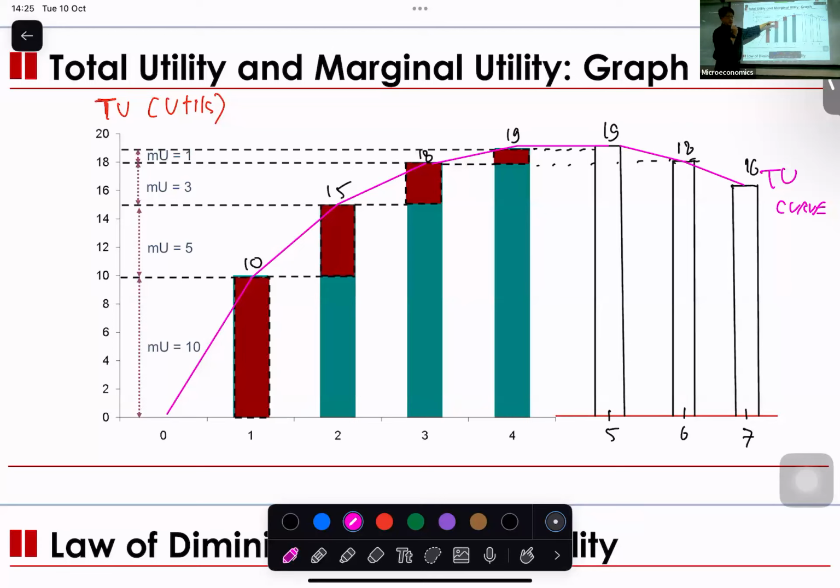When we observe this, it rules out the possibility that TU keeps rising forever. No, it looks like this mountain: rise, max, and fall. Okay?